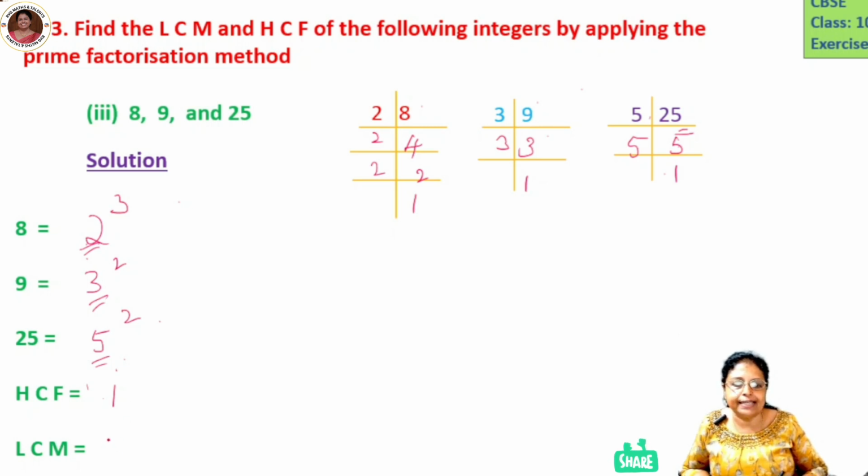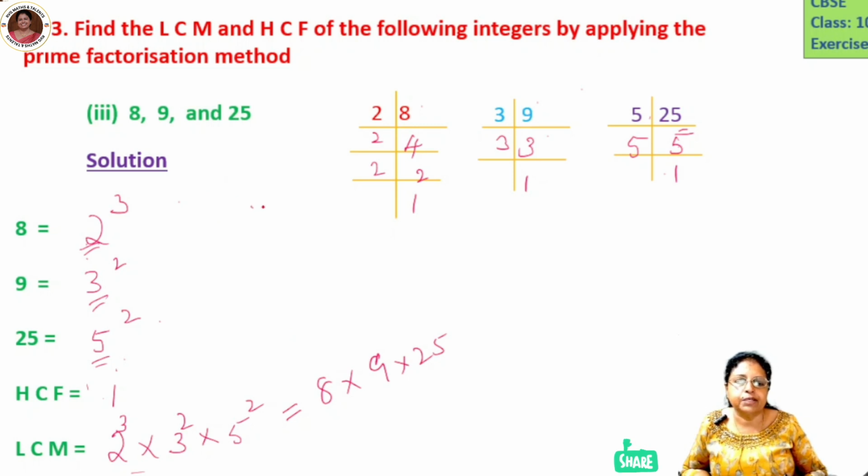Then what about LCM? For LCM, you have to list all the prime factors involved. That is 2, 3 and 5. Then take the highest power: 2 cube, then 3 square, then 5 square. So what is it? 8 times 9 times 25.